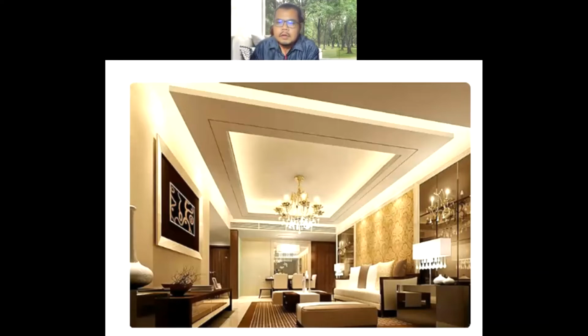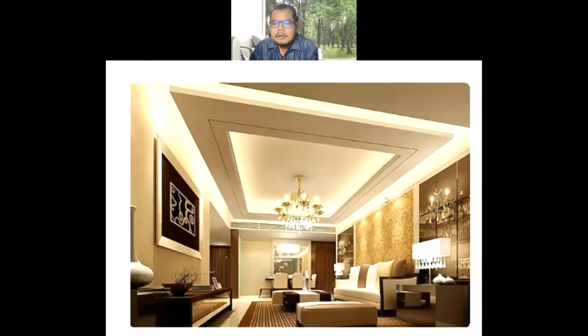Okay, before we continue, can anybody tell me what type of ceiling that is? What type of ceiling is usually used in this living space? It looks like a normal ceiling, but do you know what type of ceiling this is? Anybody?